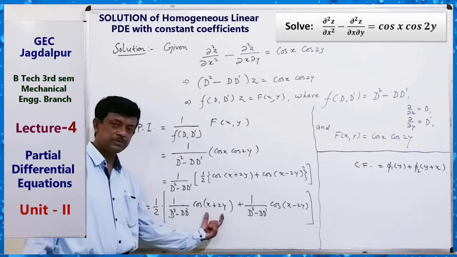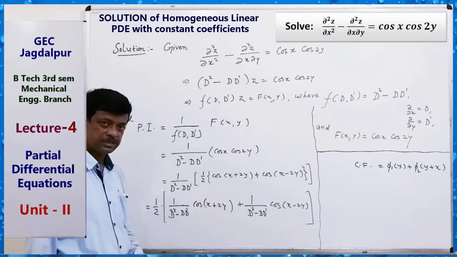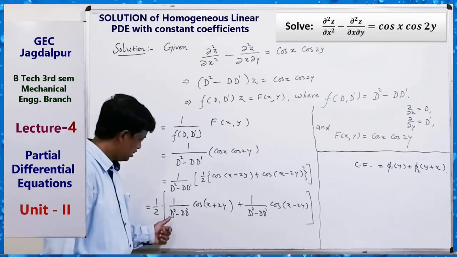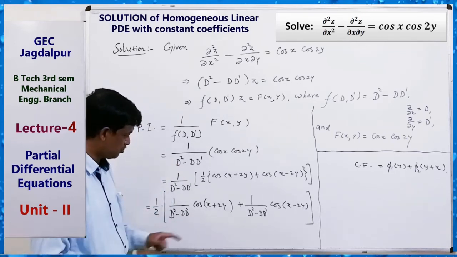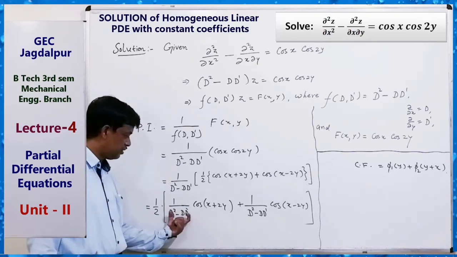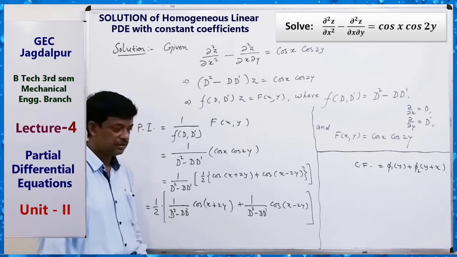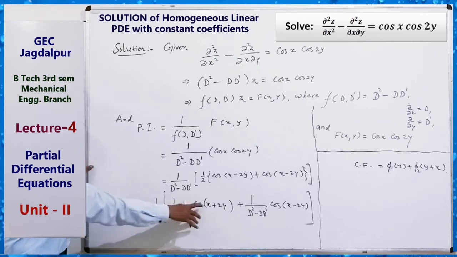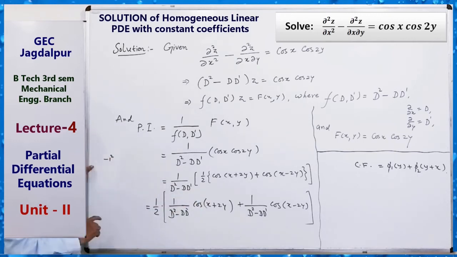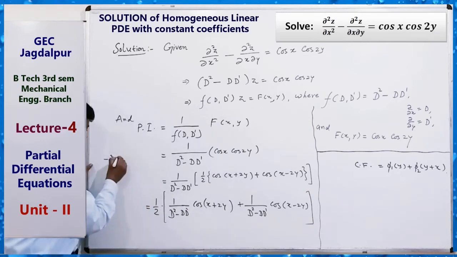Now here in cos ax plus by, a means 1, b means 2. Here D square minus DD dash. Now if we put minus a square in place of D square, and minus ab in place of DD dash, and this value is not 0, then we can get the direct result. Here D square means minus a square, minus 1 square, and minus DD dash means minus ab, minus 1 into 2, that is minus 2.